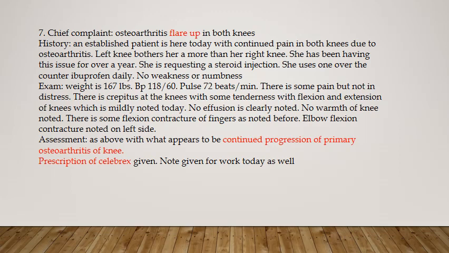That is the meaning of flare-up. In the assessment it is given as continued progression of primary osteoarthritis of the knee, which means the condition is getting worse. So which section does it come under? It comes under acute exacerbation of chronic condition.